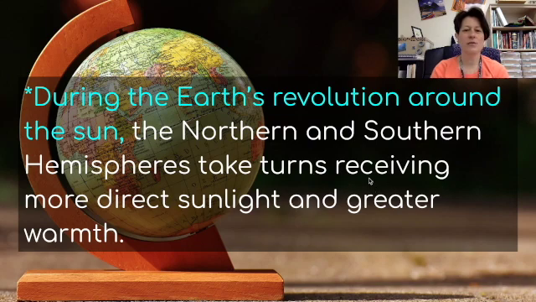If the sun was over to the right, the bottom part of the Earth is tilted towards the sun. The southern hemisphere is receiving the most direct sunlight. It is summer there, and it is winter in the northern hemisphere.